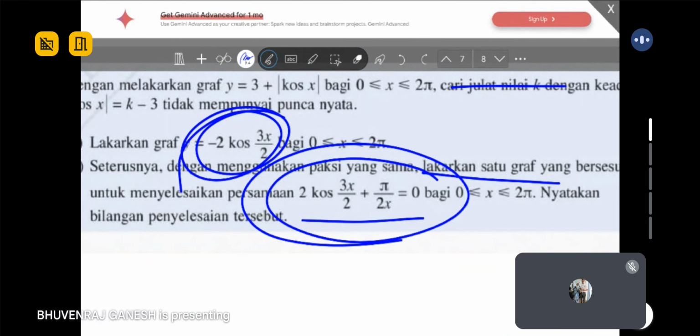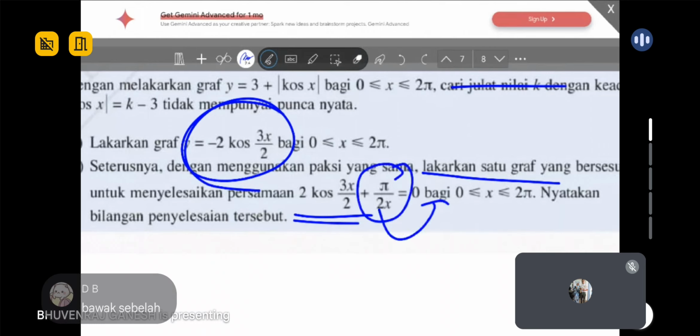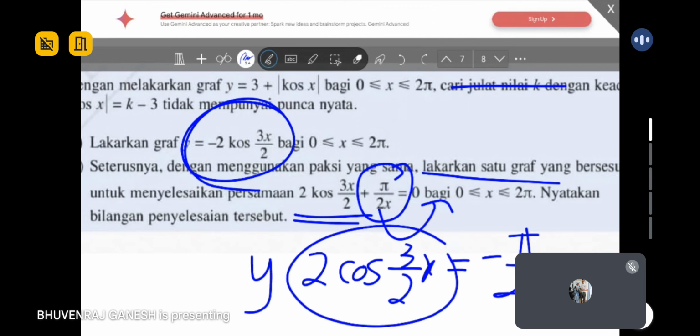Are you sure? You don't need to times 2. You want to get this graph. You already have it here. No need to change anything. You only need to shift the negative to the other side. Pi over 2x. So this is your y. This one also is y.